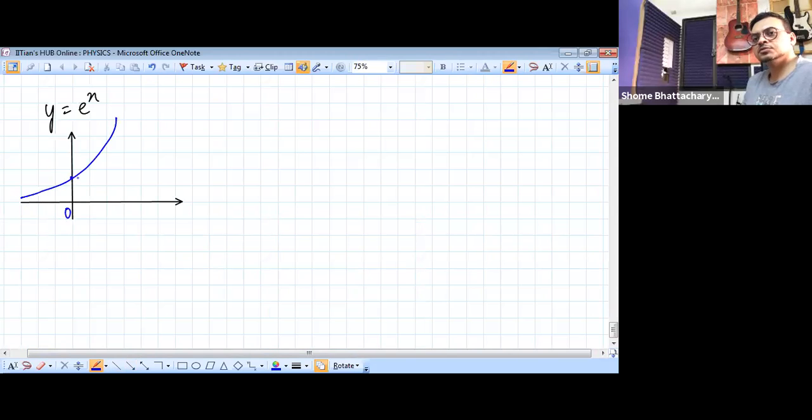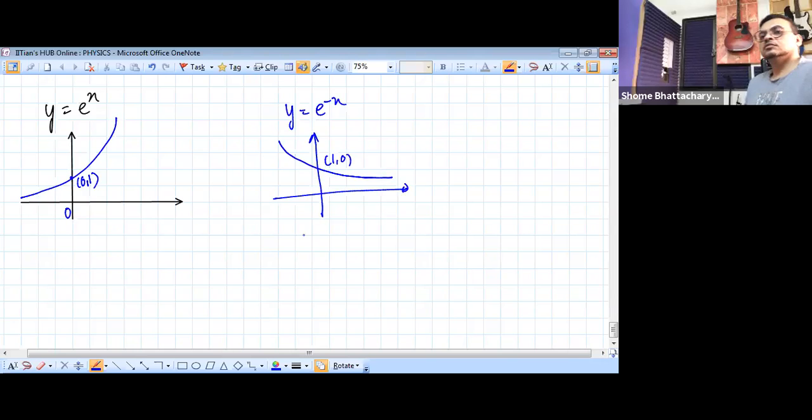So this point here is (0, 1). Similarly, if you look at the graph of y is equal to e raised to the power minus x, that looks like a mirror image of that, like this.